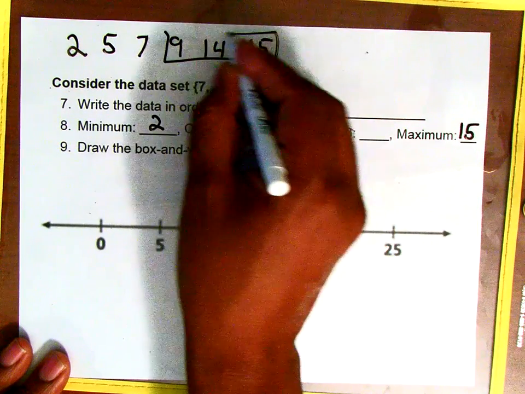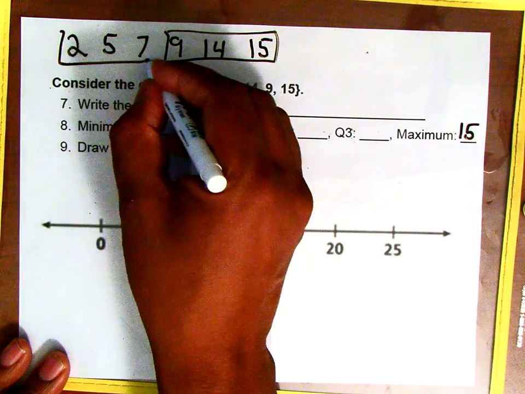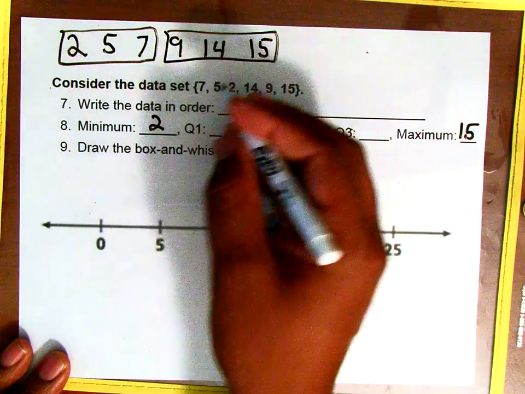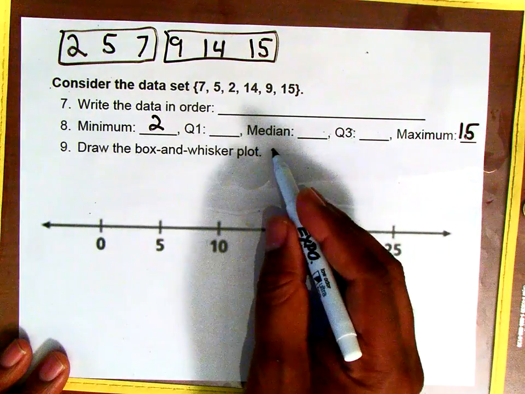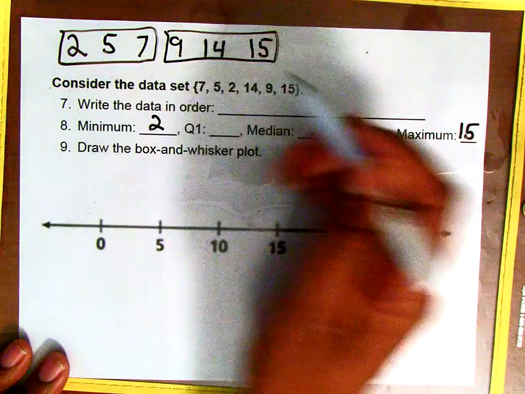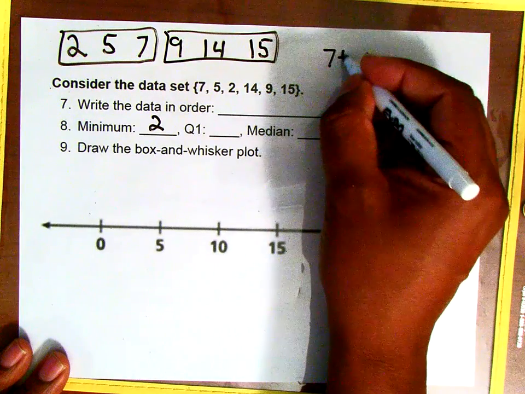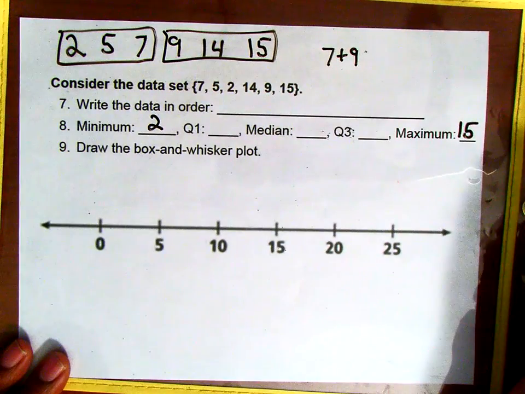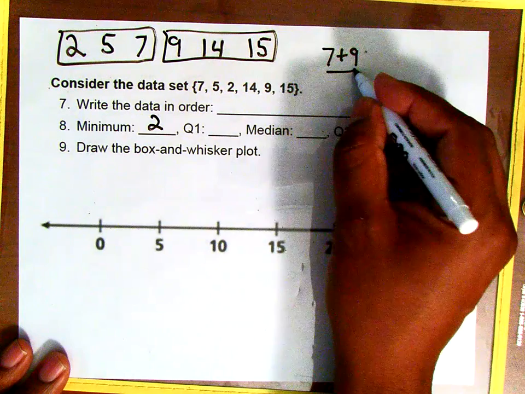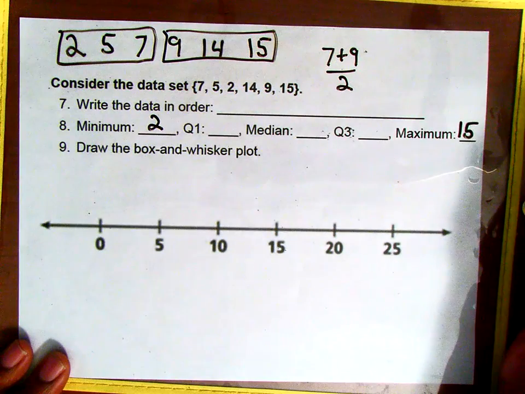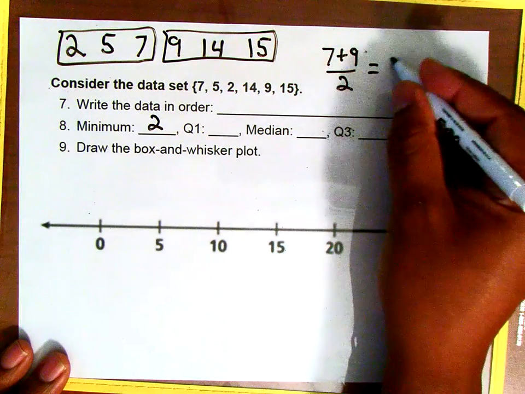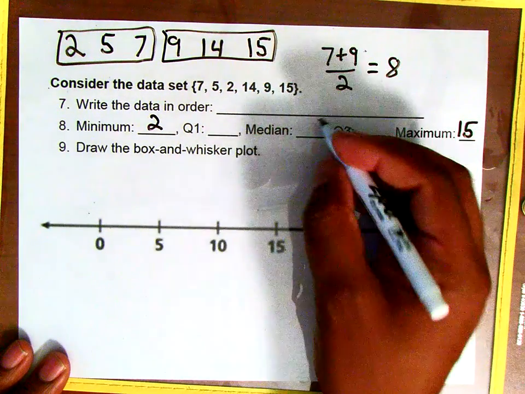I've got this half, and I have this half. So the median here is going to be these 2 numbers in the middle, 7 plus 9, and divided by 2. Okay, and when I do that, I'll get 8. So my median is 8.